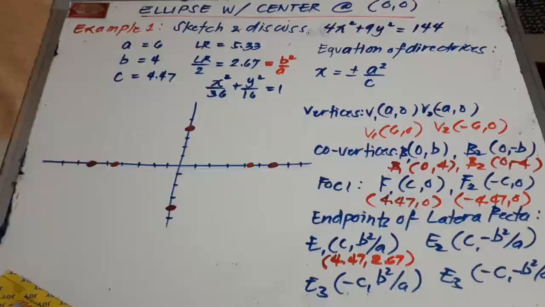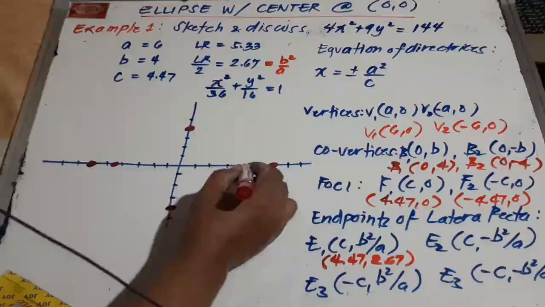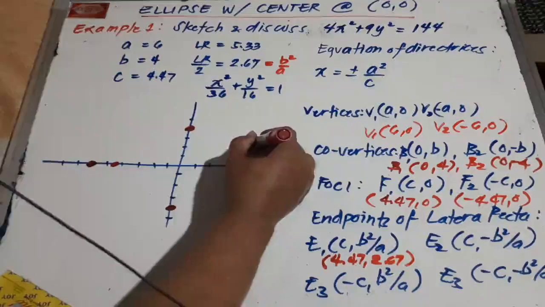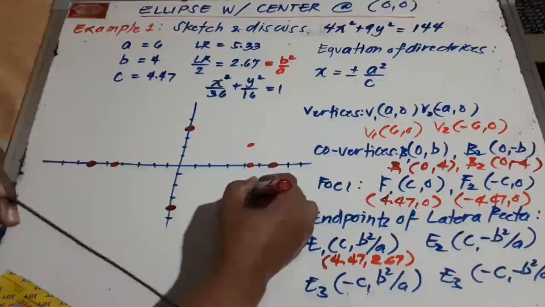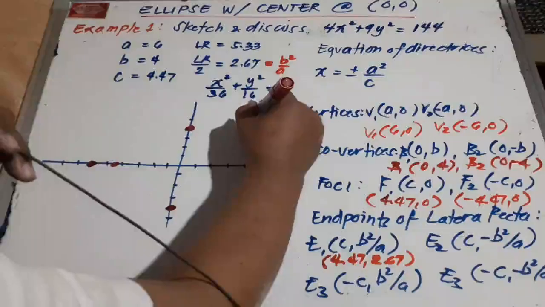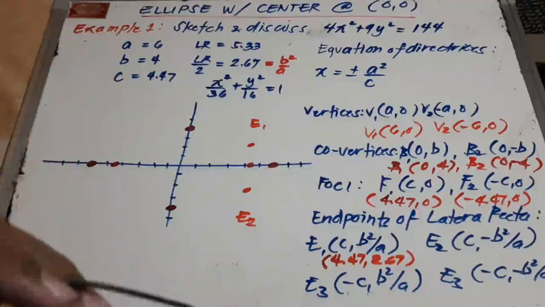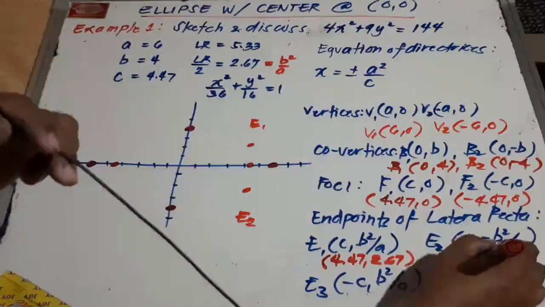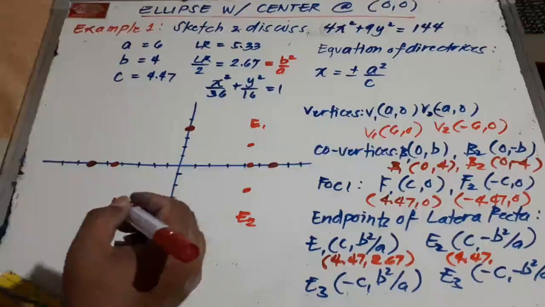Okay. So, nandito yun. 4.47, 2.67. So, dadaan dito. 2.67, somewhere here. Sa baba din, 2.67, somewhere here. So, ito yung ating E1. Ito yung ating E2. Okay, so we have 4.47, comma, and negative 2.67.